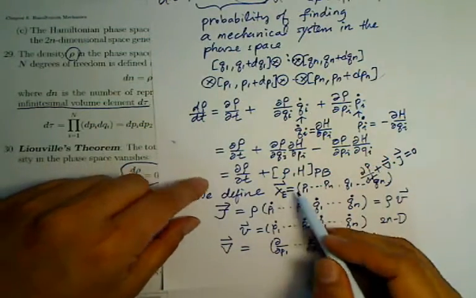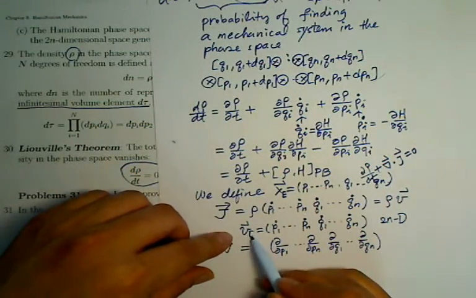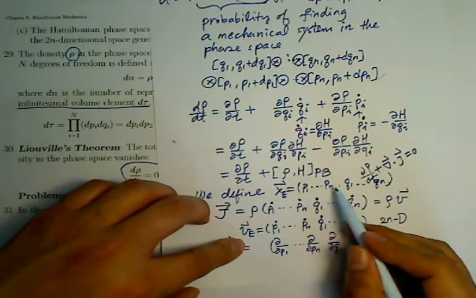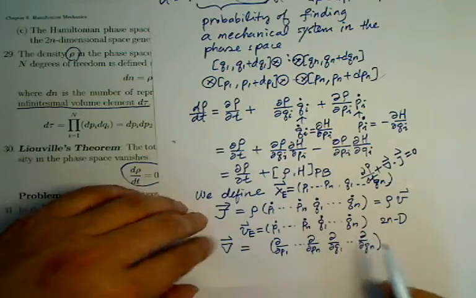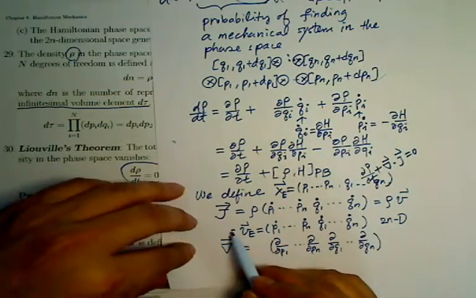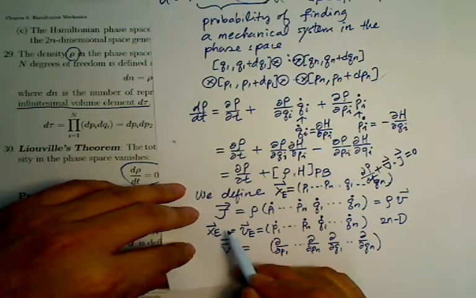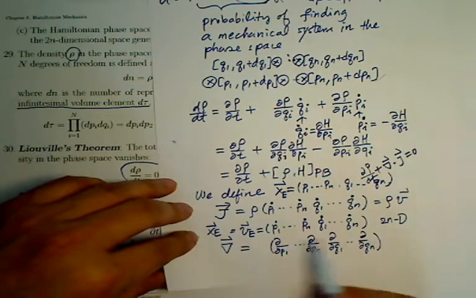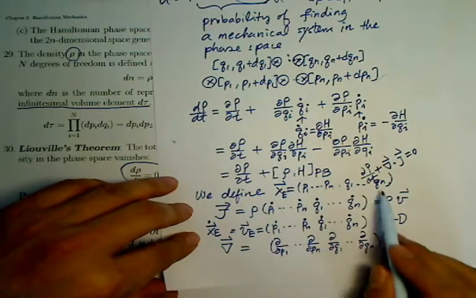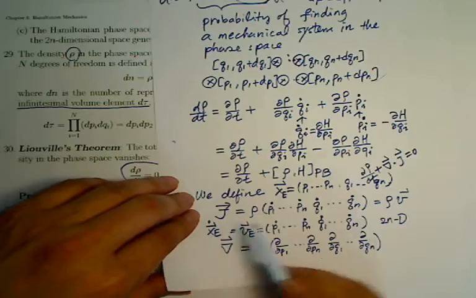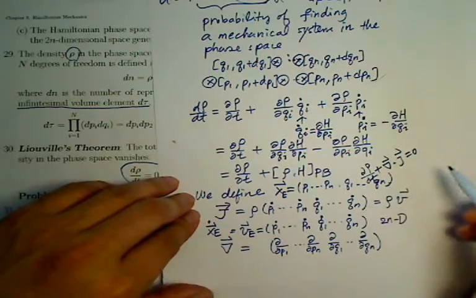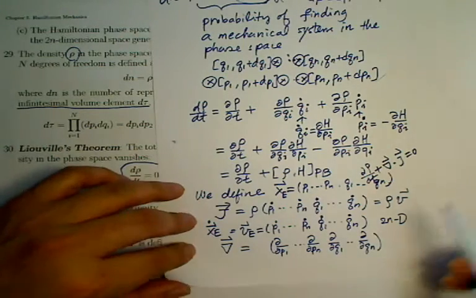So the velocity in this Euclidean space is just the time derivative of each coordinate, right? This is the velocity in this phase space, the Euclidean phase space. So density multiplied by velocity should be current, and in that case, this probability density must be conserved.